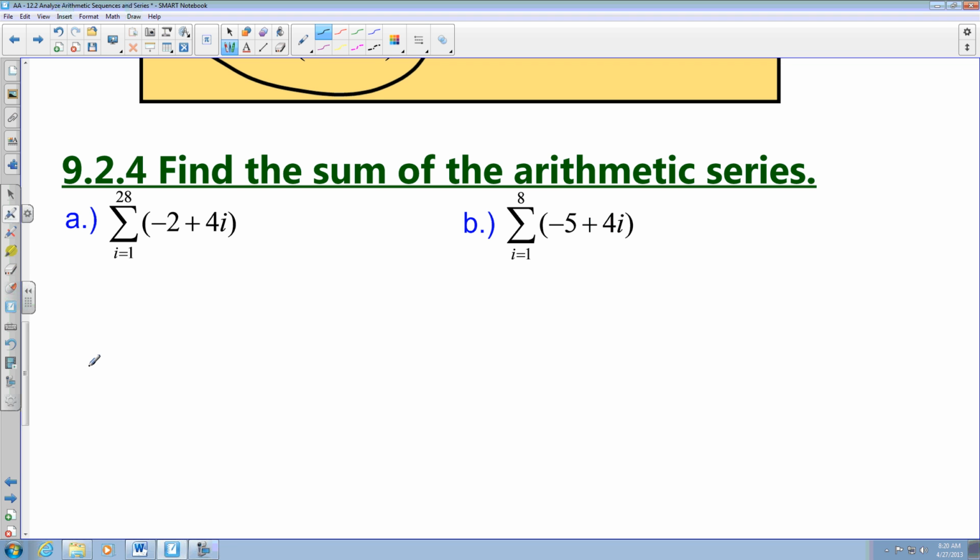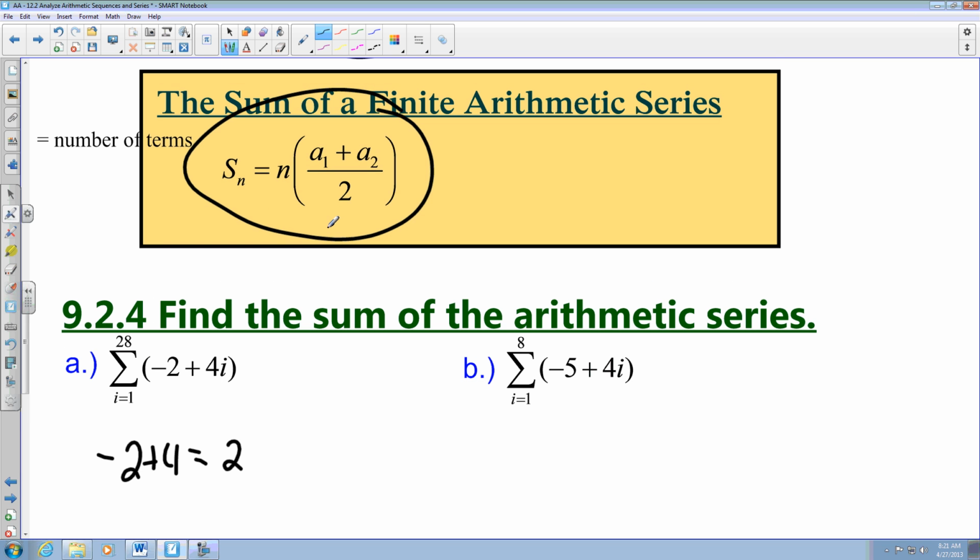So what we're going to do is this: my first value is going to be negative 2 plus 4 times 1, which is just 4, which is going to give me 2. And then if I find out what a sub 28 is, I can find, hold on a second. Sorry about that. Actually this is wrong.